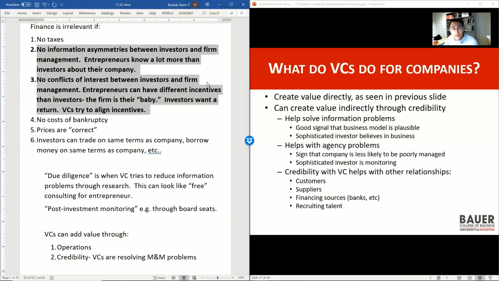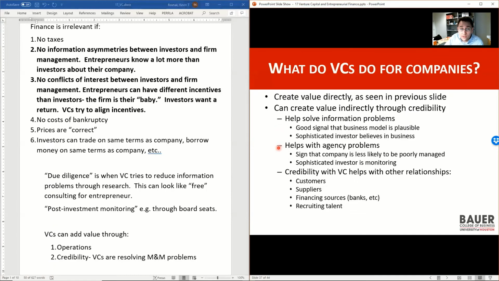Maybe you shouldn't be a supplier for them. Maybe you shouldn't buy their products, right? There's all sorts of relationships that get more complicated once you introduce these information asymmetries. The VC is there to try to solve that issue. So the VC can help with all sorts of relationships with customers, suppliers, talent, you when you graduate, other financing sources. The VC is there to try to alleviate that problem.